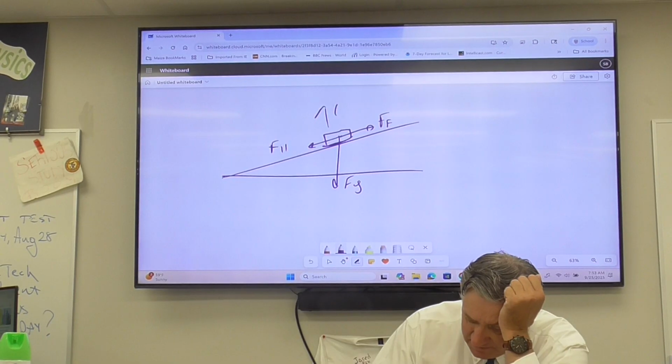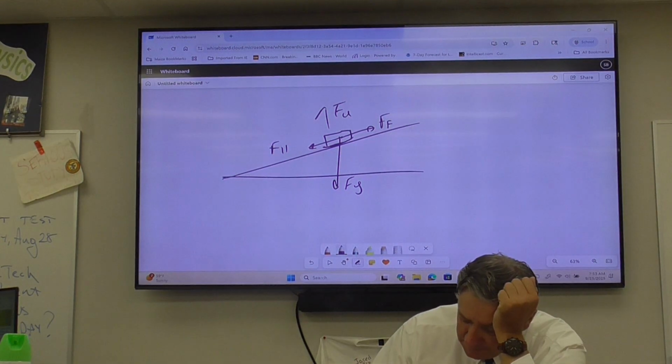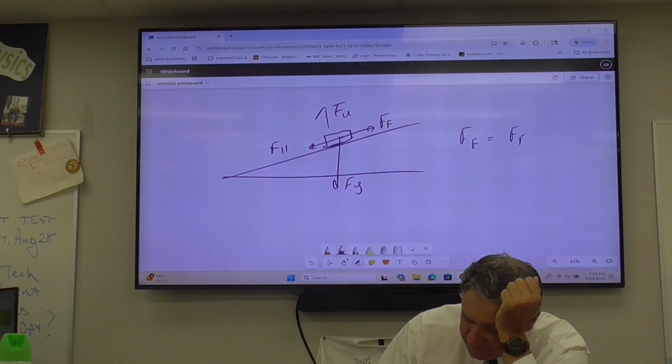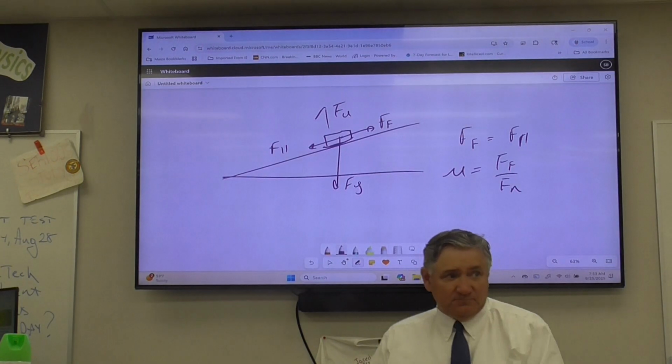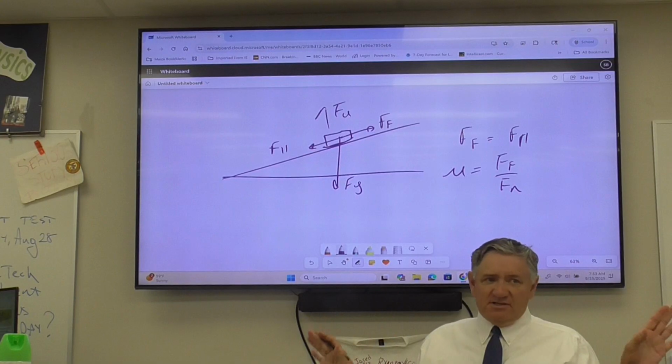And you still got your force normal. So here's the whole key to this. We're going to set the force friction equal to the force parallel. Now, you know that mu, the coefficient of friction, equals force friction over force normal. Standard definition of mu, no matter what.